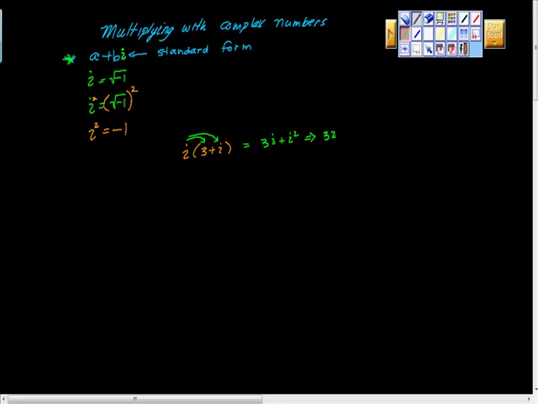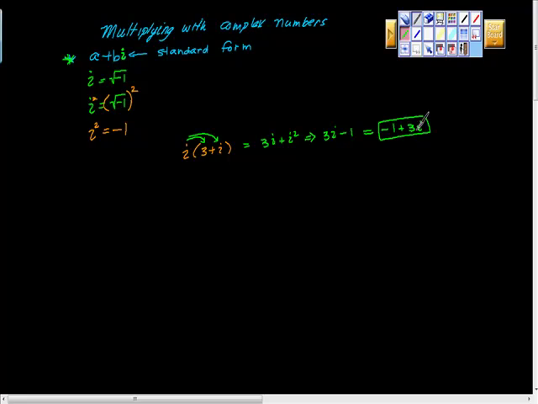We have 3i, and then the i squared is equal to -1. So 3i minus 1, which finally in standard form is -1 plus 3i. That is our final answer.